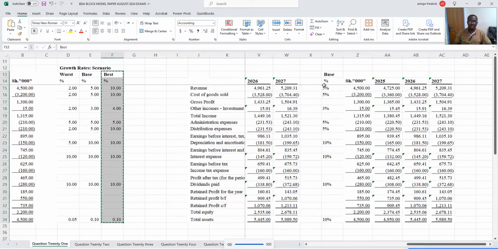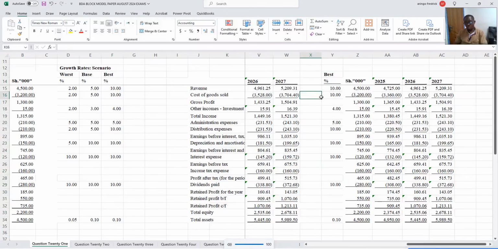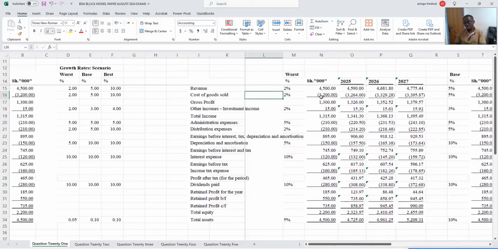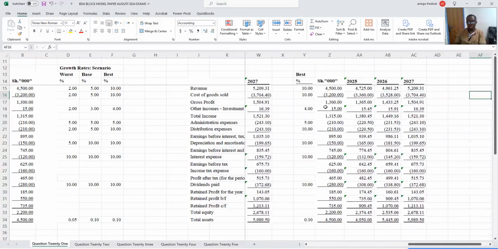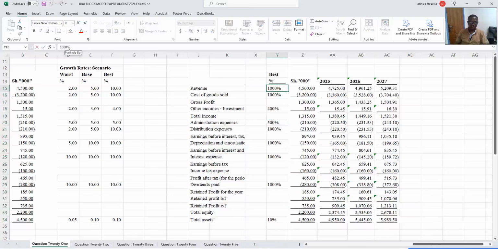So very confidently, I'll come and check for the best case scenario. Given the fact that we've done all this, that is worst and base, now we are looking at the best case scenario. So I just have our percentages. These should be 10%.